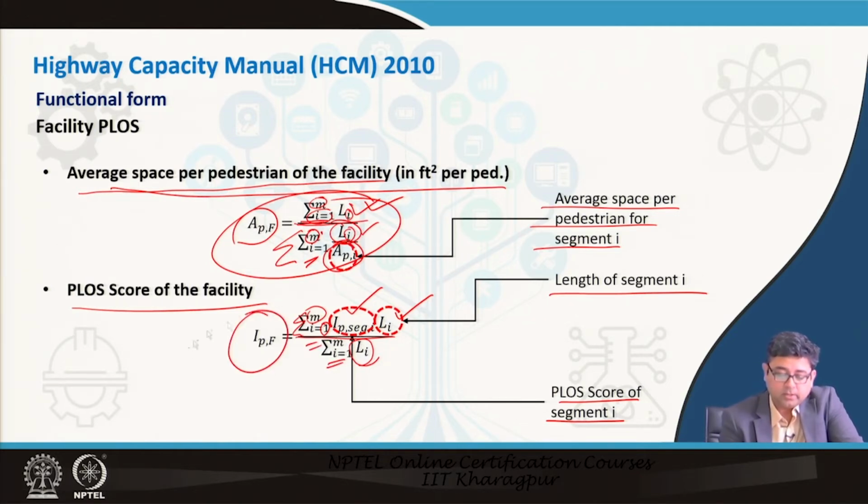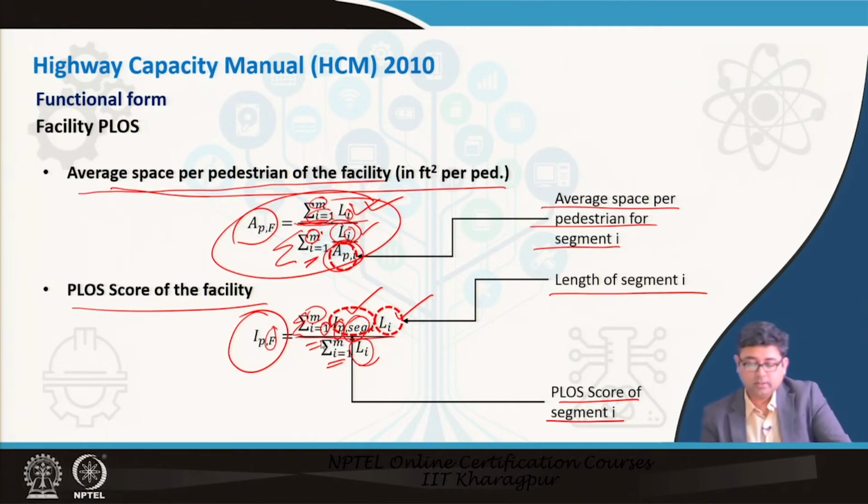Okay, that will give you the pedestrian level of service score for the facility, for F. So, when you say F, it is facility. When you say SEG, it is for the segment. P is always pedestrian, I would be the intersection, and L would be the link.